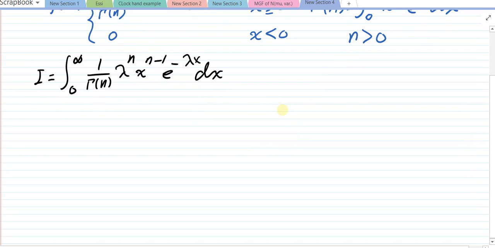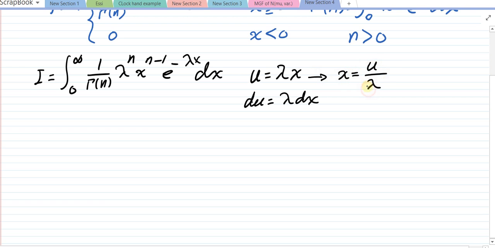Now to evaluate this integral, I'm going to do a couple of things. First, I'm going to let the new variable u represent lambda x. With that, du is lambda dx. So from the original substitution, we can see x is u over lambda.